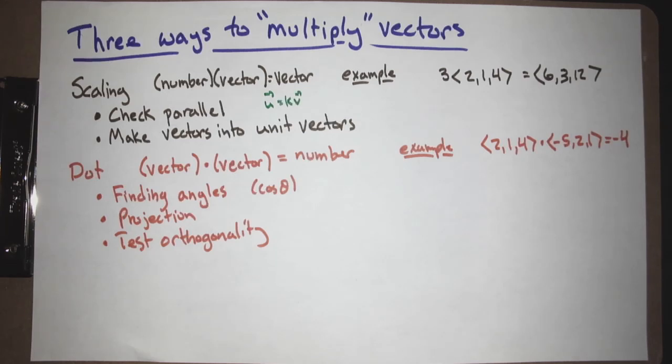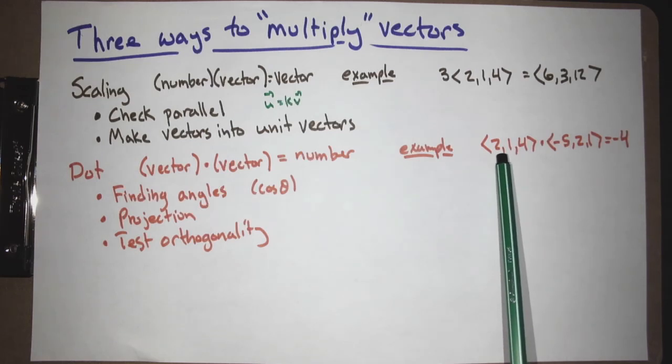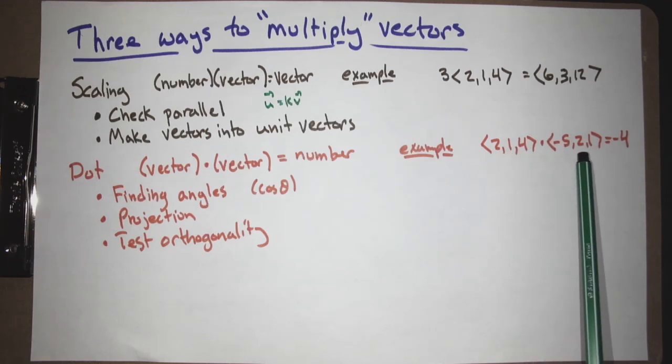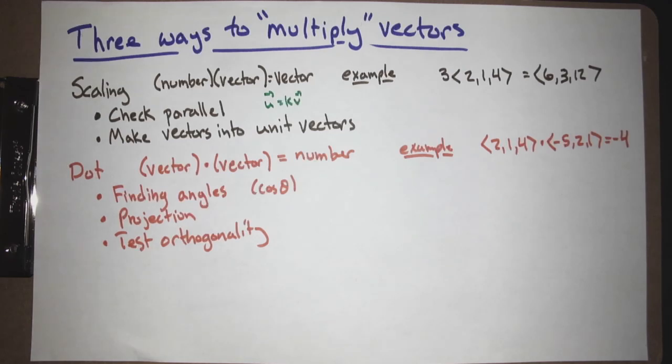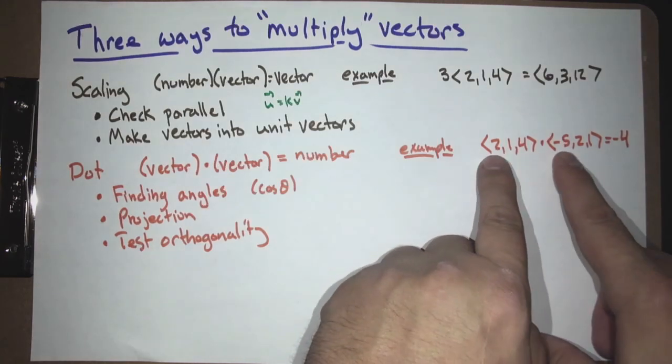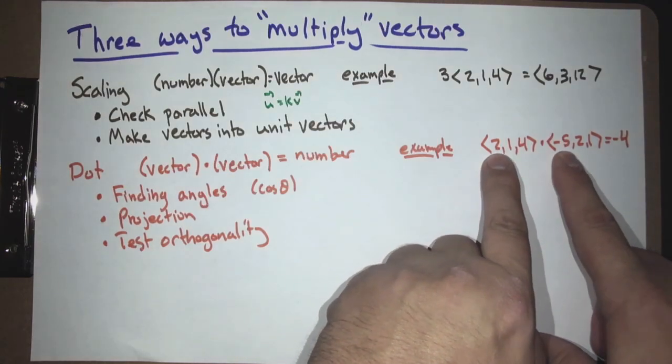Last time we talked about the dot product. Now the dot product says, take a vector and another vector, and then there's this thing called dotting, which produces a number. And here's an example, (2, 1, 4) dot (-5, 2, 1). Well, I gave the end result. How does the process work? You multiply the corresponding entries.